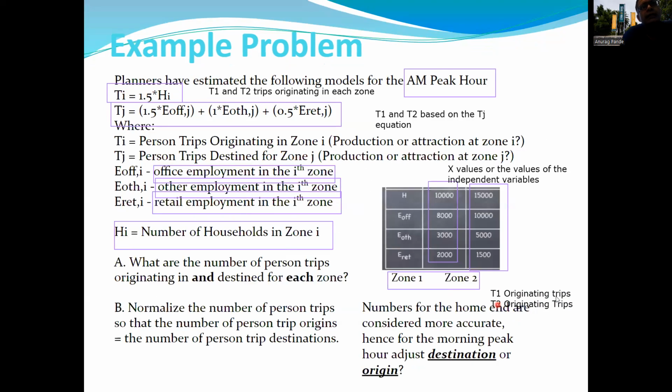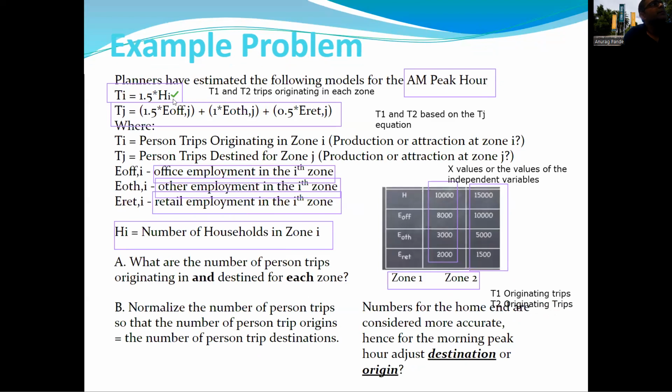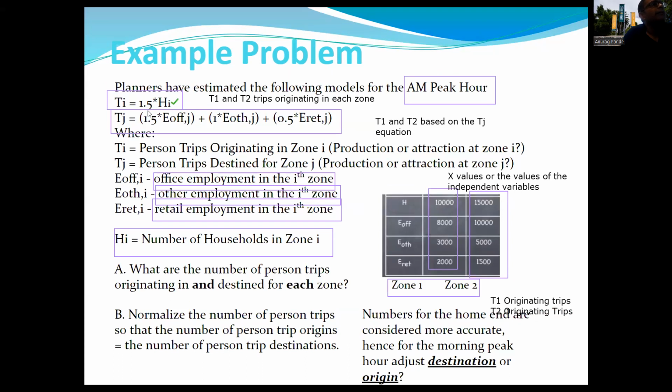So let's look at T1 originating trips and T2 originating trips. For originating trips, this is the formula we use, and it's pretty simple to apply this formula using this number. So I'll just plug in 10,000. T1 originating trips for me would be equal to 1.5 times 10,000, so that will be equal to 15,000.